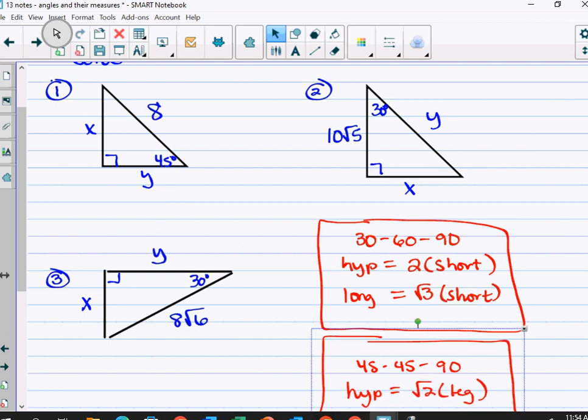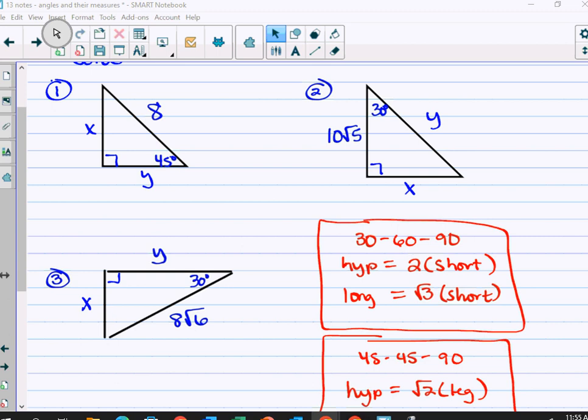Try to squeeze those formulas in there for you. So again, this is from last class, the special right triangles. Give you some time to solve this. You have a pass, look at that. Good job, Ed.